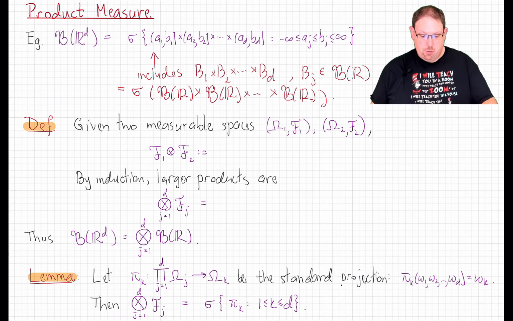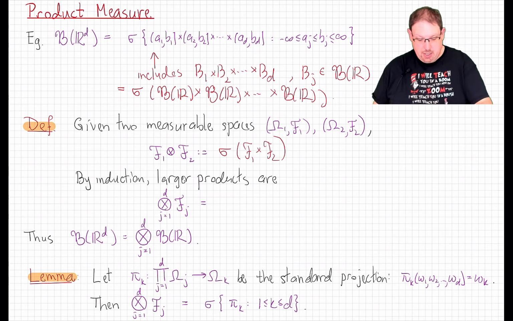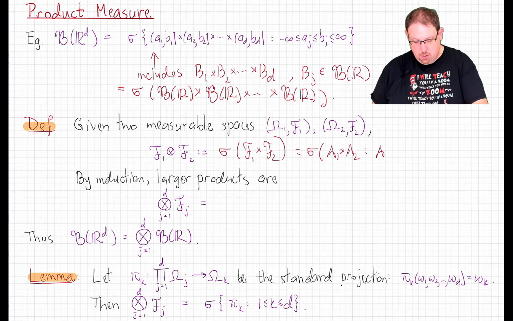Given two measurable spaces, omega-1 with a sigma field F1 and omega-2 with a sigma field F2, the product sigma field, which is denoted this way with a tensor product sign, is defined to be the sigma field generated by F1 times F2. To be more precise, it is the sigma field generated by all sets of the form A1 times A2, where A1 ranges through F1 and A2 ranges through F2.